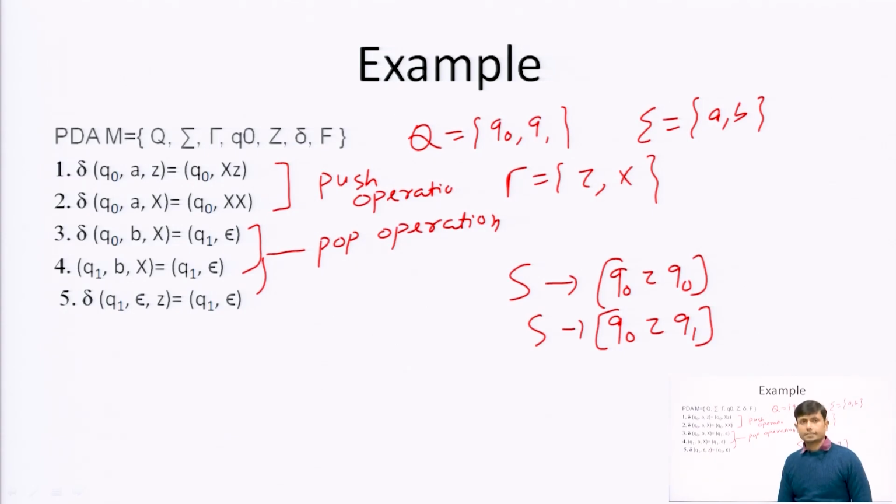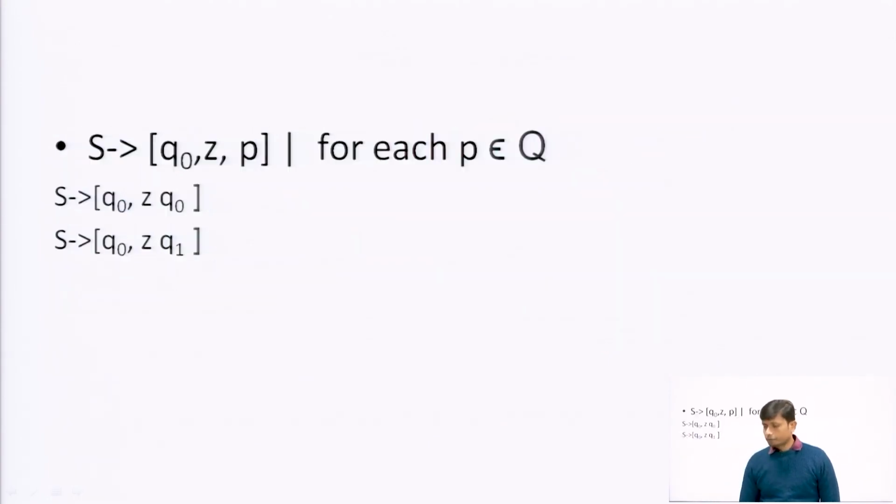S is the starting symbol of the grammar, and in our pushdown automata only two states are there, q0 and q1. As per the rule, S derives [q0 Z p] for each p belonging to Q. So whatever states are in the pushdown automata, all should be derived from the starting symbol, with q0 the initial state, the stack bottom, and the state. So these two are productions.